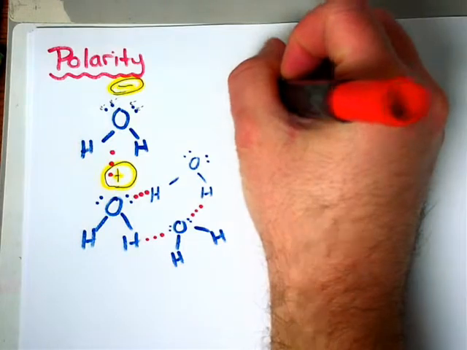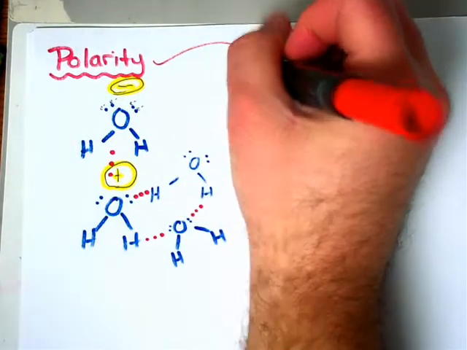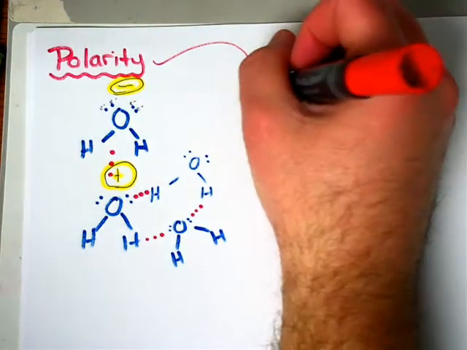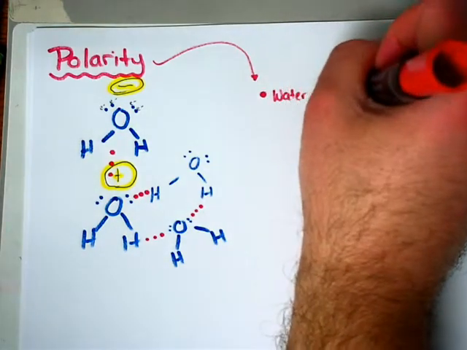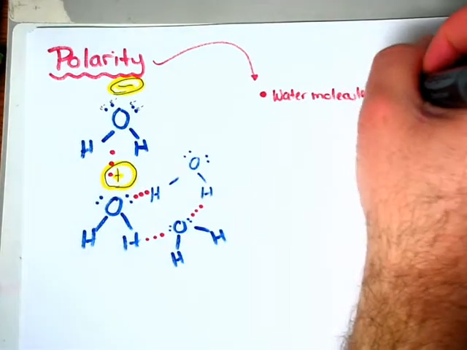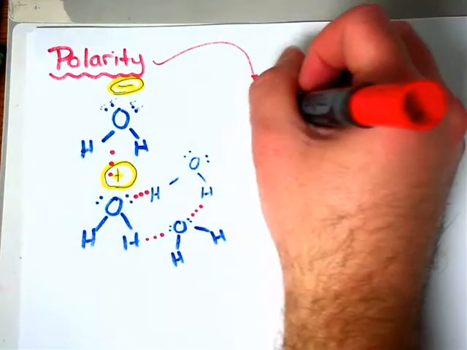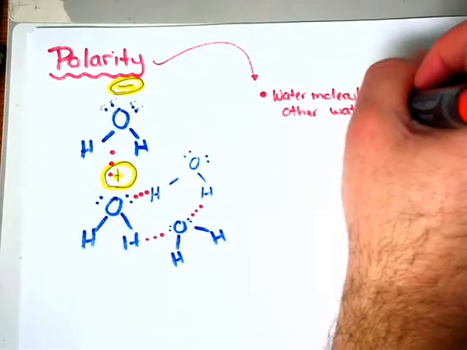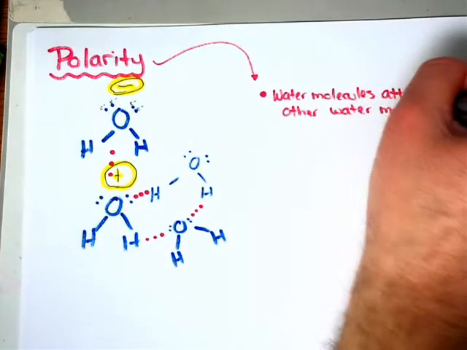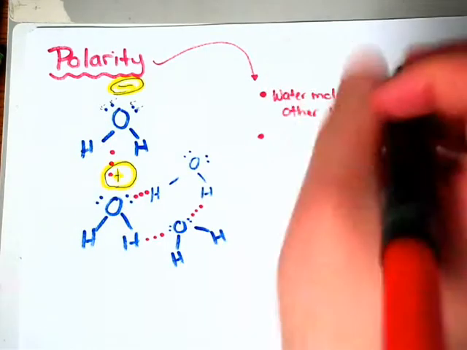What we're getting is some points because of polarity. We're getting how water molecules are self-attractive. So water molecules attract other water molecules. This forms a special type of bond called the hydrogen bond.